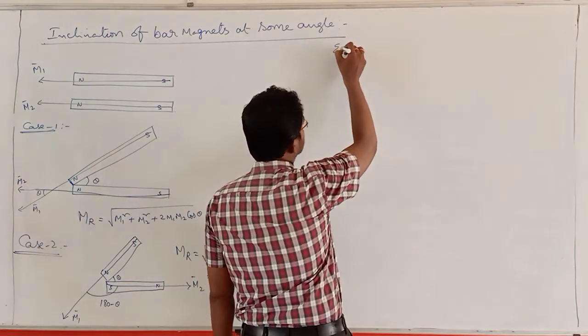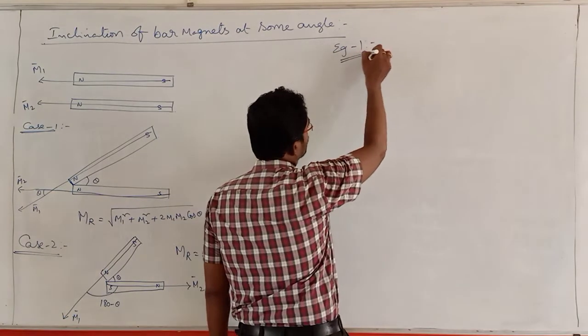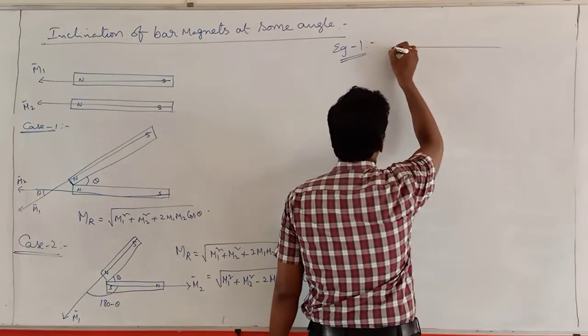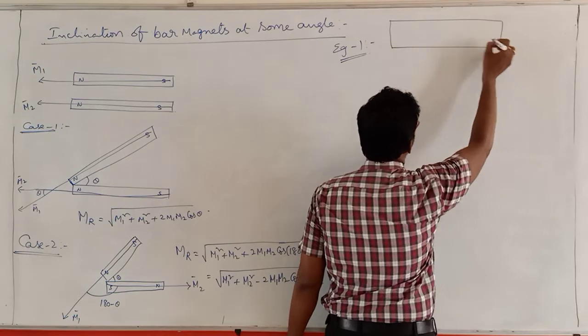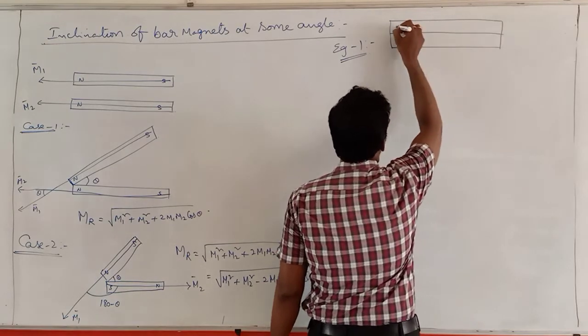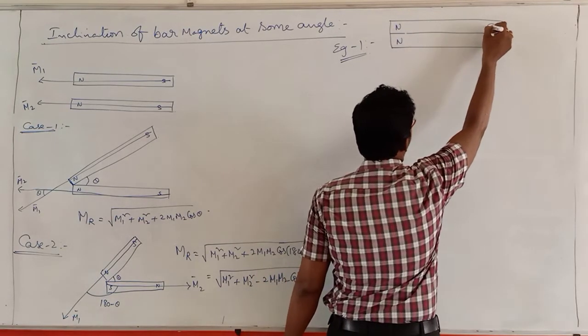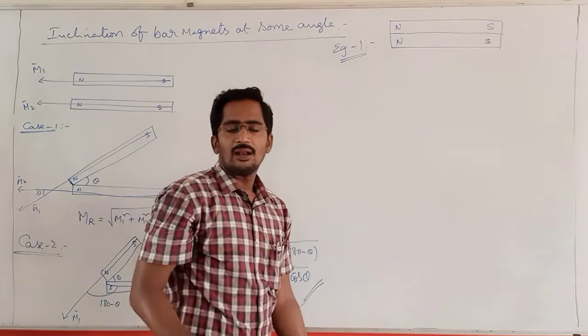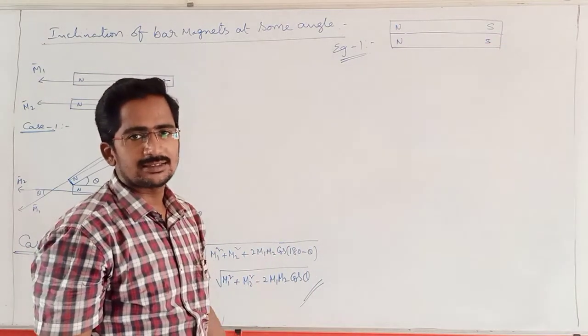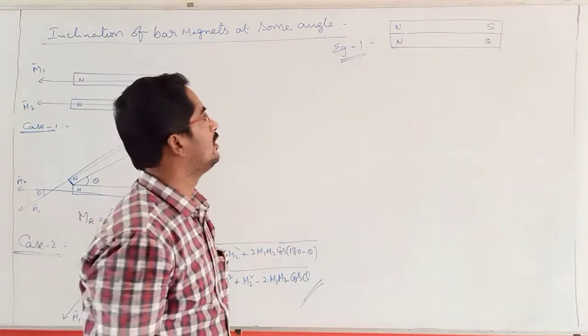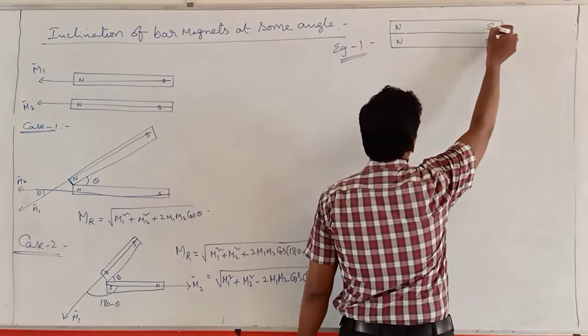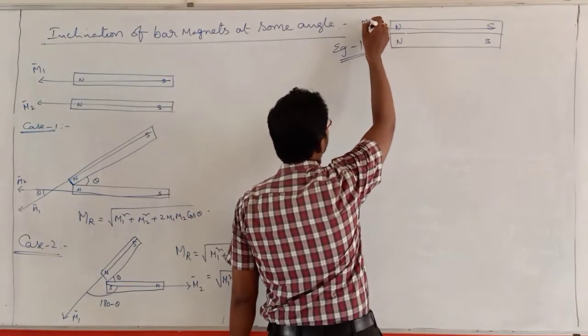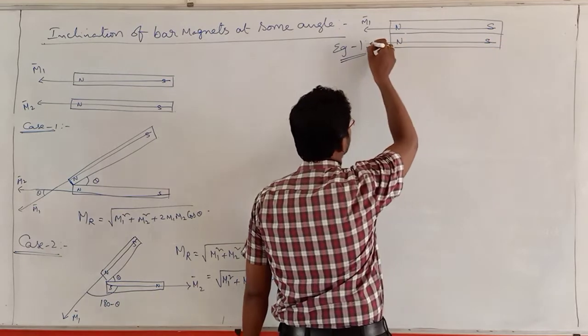Now see example 1. Two bar magnets were placed one above another with like poles in contact. Its moment is m1, its moment is m2.